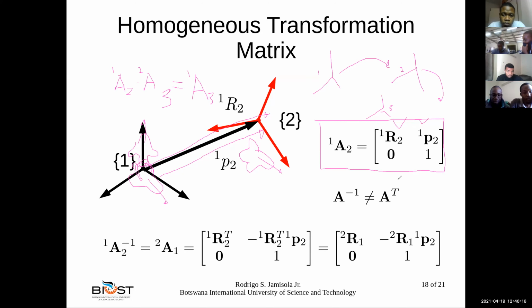But we have to consider that now the inverse of the transformation matrix is not equal to its transpose, not anymore.